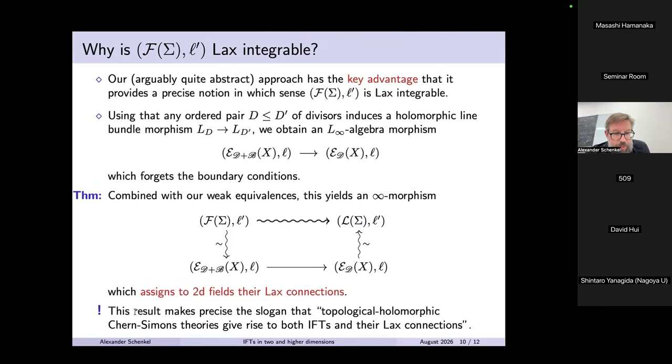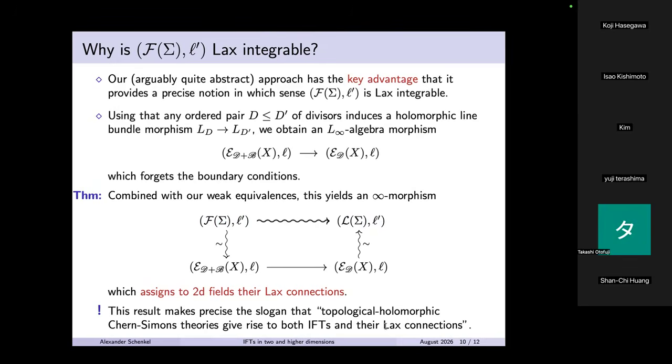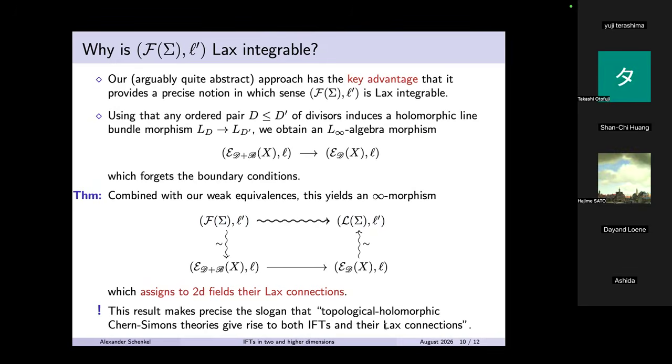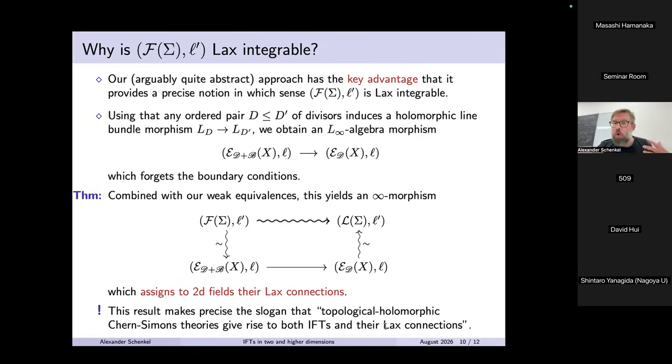So you can say that this result makes precise the slogan which one often hears, that topological holomorphic Chern-Simons theory gives rise to both integrable field theories and their Lax connection. So these topological holomorphic Chern-Simons theories know about field theories and their Lax connections, and how they do is, yeah, you have these different divisor conditions here.